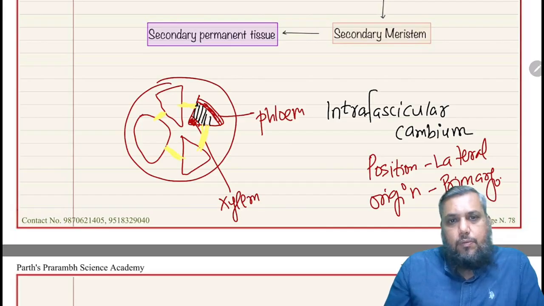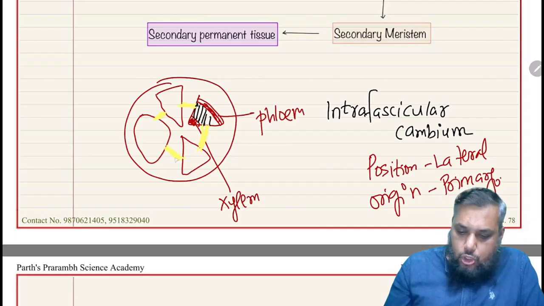Now look at this yellow tissue that I've got. This is also cambium, but this cambium is present in between the vascular bundles. It is called interfascicular cambium.